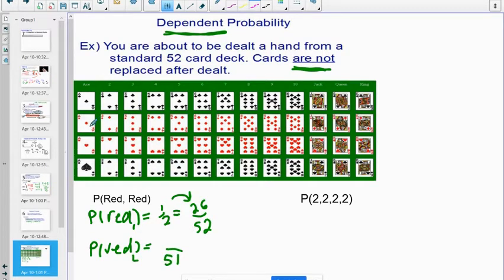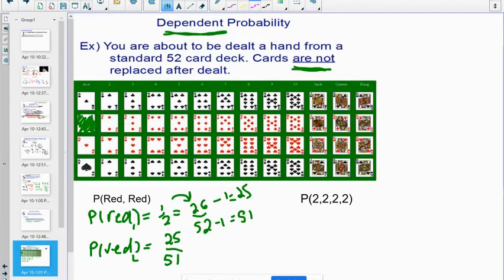So let's say you drew an ace of diamonds on your first one. There's one less card in the deck. Therefore, if it was red on the first one, there's one less red card. So that's why I took 52 minus 1 to get you to 51. And then you would take 26 minus 1, because you already had a red card, to get you to 25. So then you have 25 over 51.